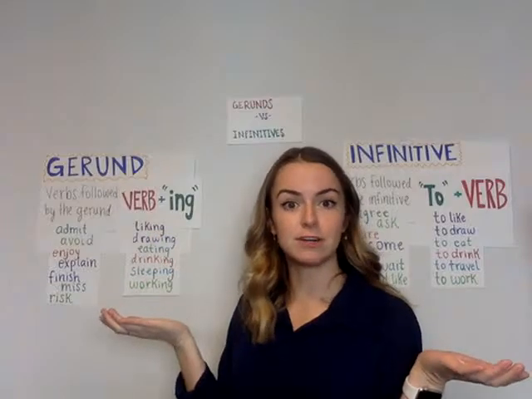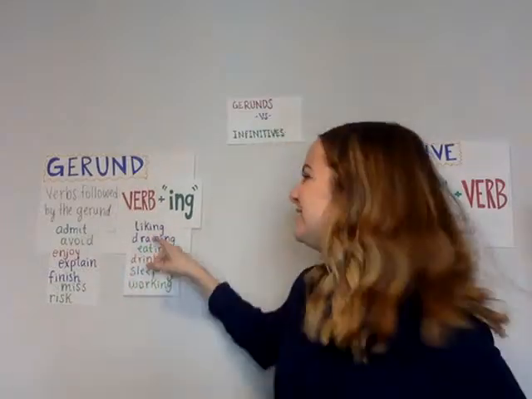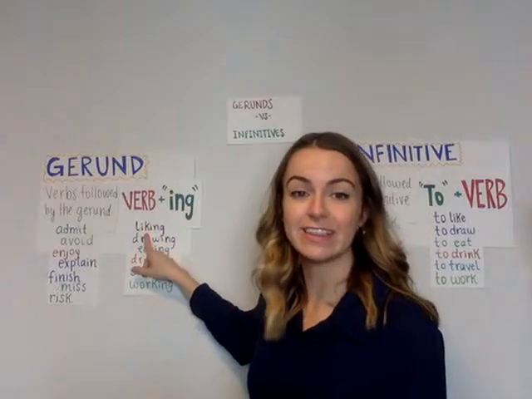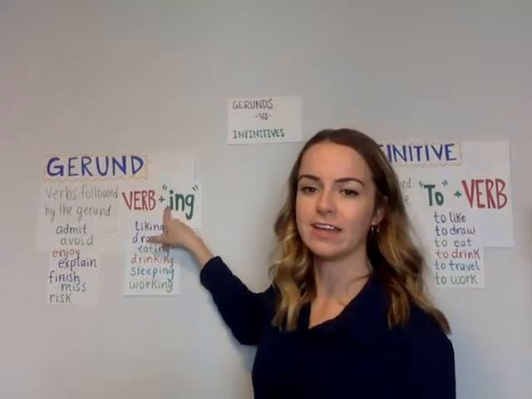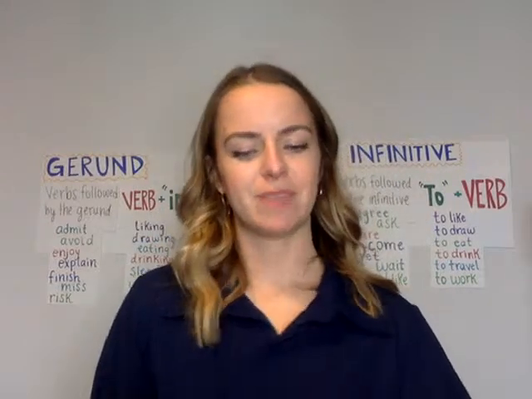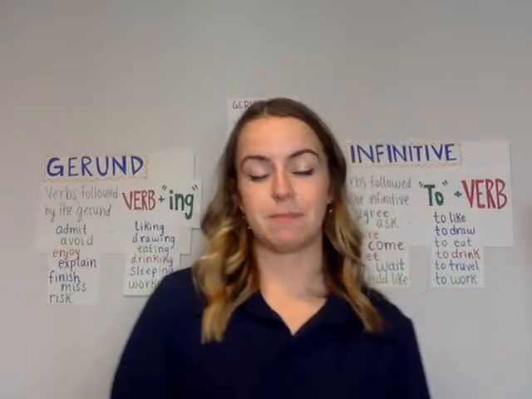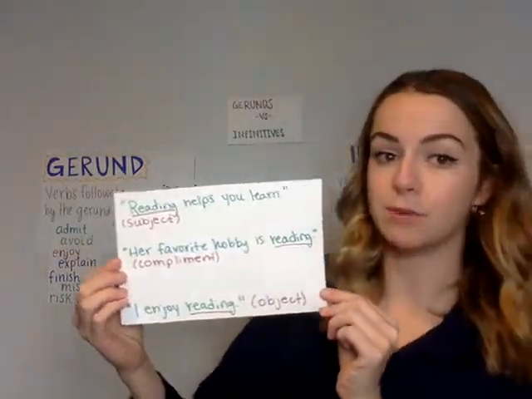Well, doesn't the verb like end in an E? Where did the E go? So if it's like, and like ends in an E, you take the E off of the ending and add ing. Okay? Very good.